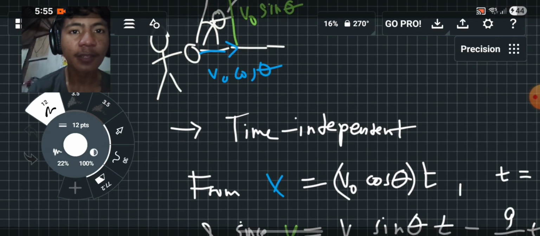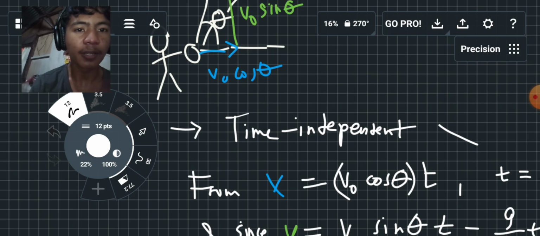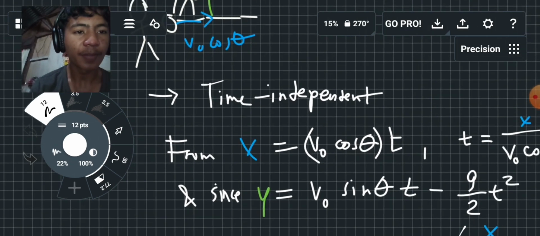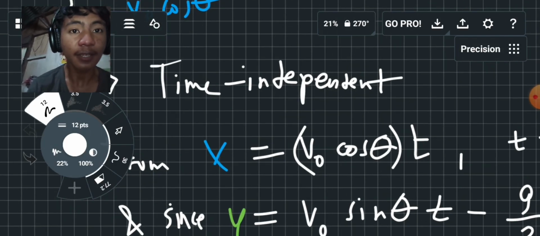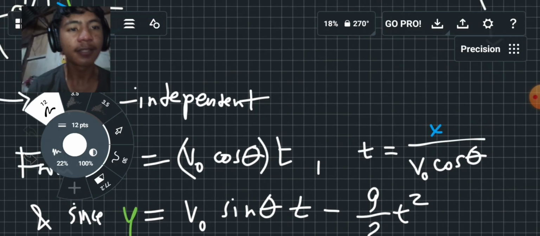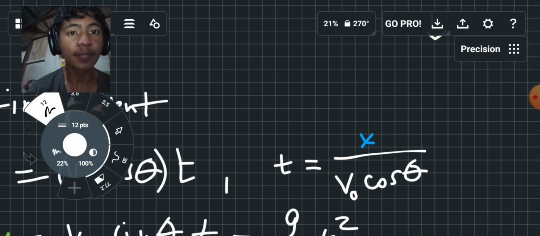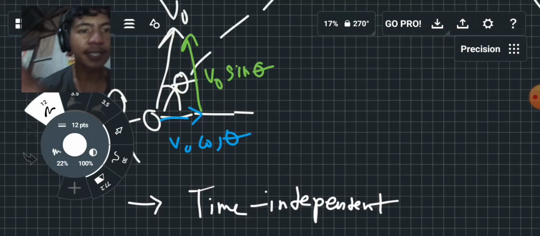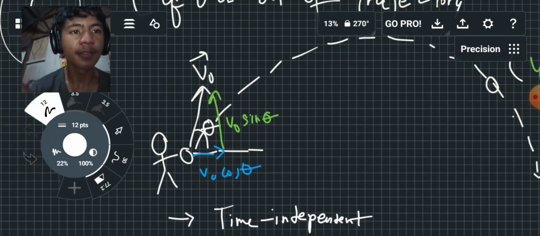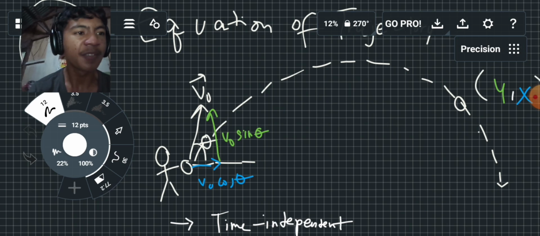Okay, so for that to happen, we have to recall that from x equals v naught cosine theta t, we just isolate time, and that gives us t equals x over v naught cosine theta. So it's still the same trajectory, but the mission is to not depend on time.